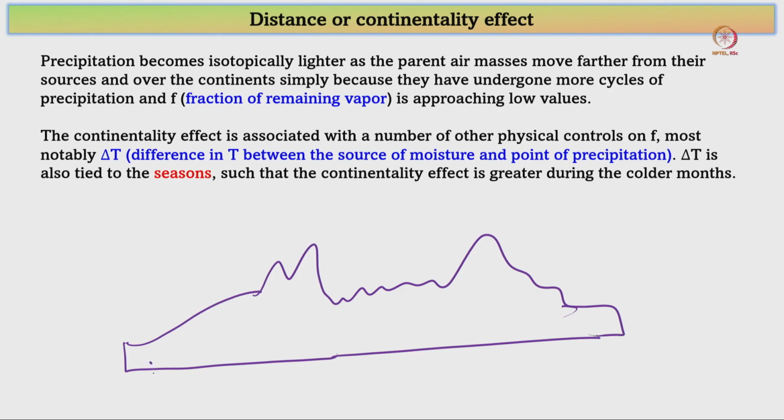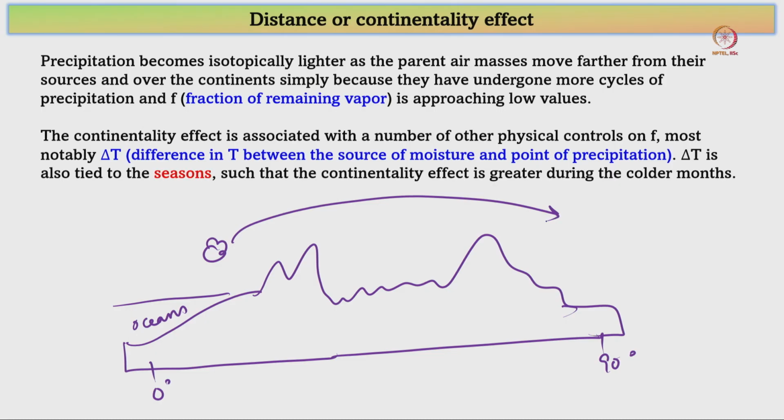As it is moving inland, as the clouds are moving inland, there are more and more cycles of precipitation events. Okay. There are more and more cycles of precipitation events.